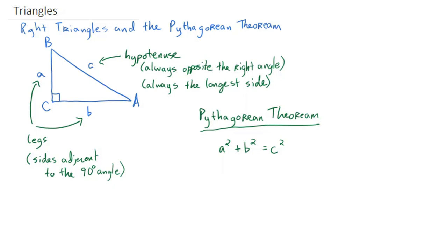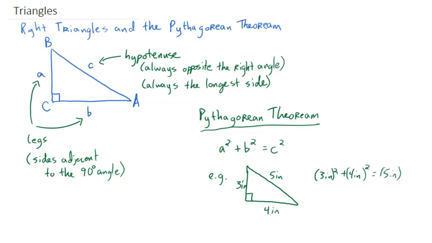So for example, let's say I have a right triangle where the sides are 3 inches, 4 inches, and 5 inches. And then when we plug that into the Pythagorean theorem, again, this isn't working a problem. This is showing how the Pythagorean theorem works. So we would have 3 inches squared plus 4 inches squared equal to 5 inches squared.